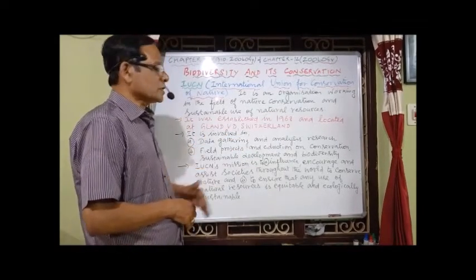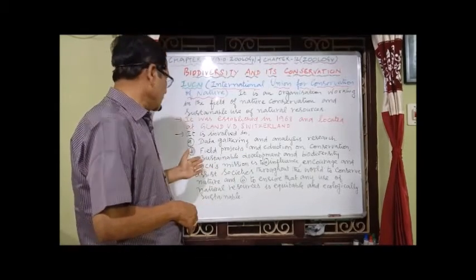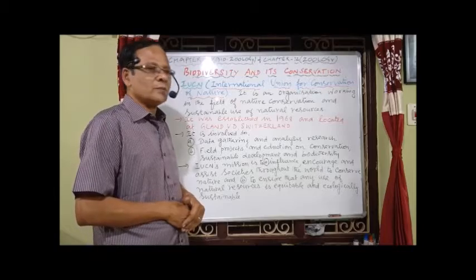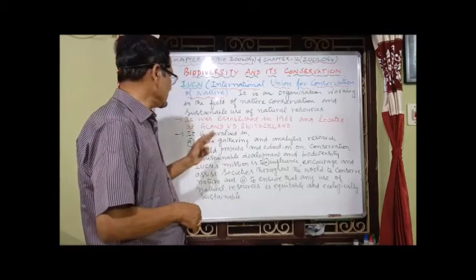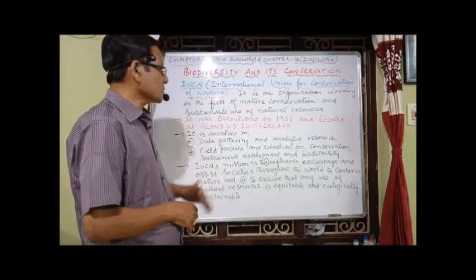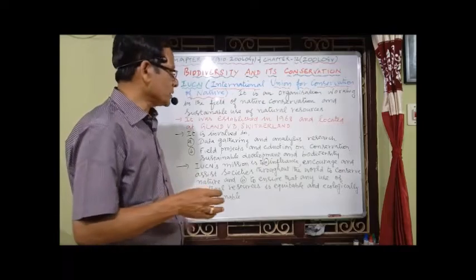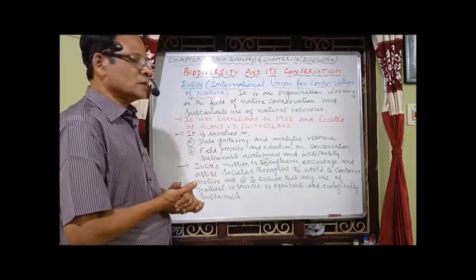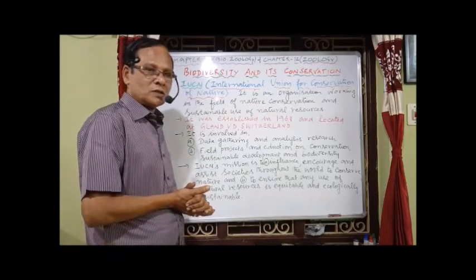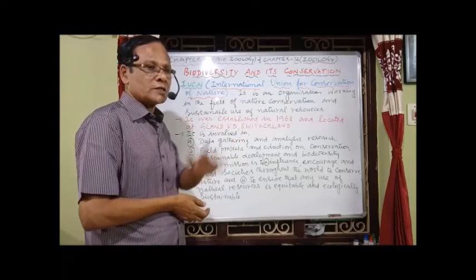Then field projects and education on conservation, sustainable development, and biodiversity. So two major functions: data gathering and analysis research, and field projects and education on conservation, sustainable development, and biodiversity.